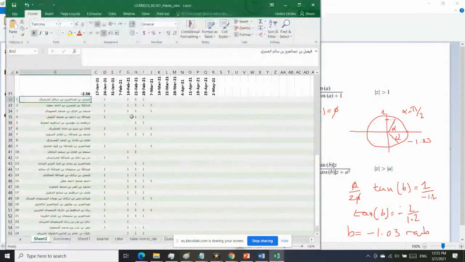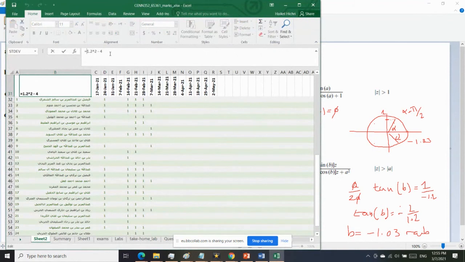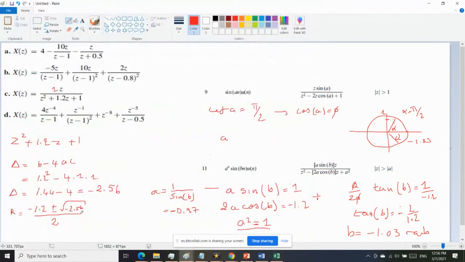What's the square root of 2.56? It's 1.6.